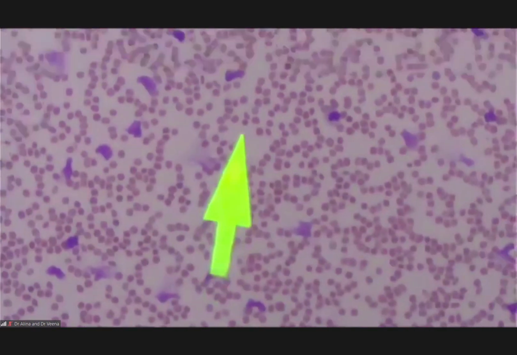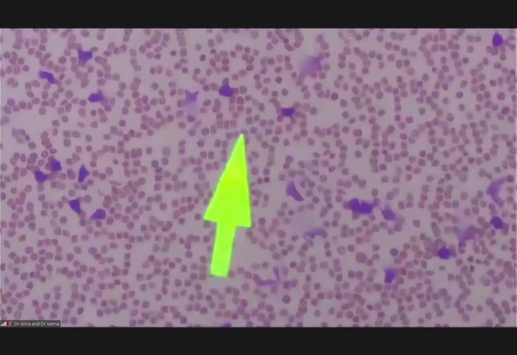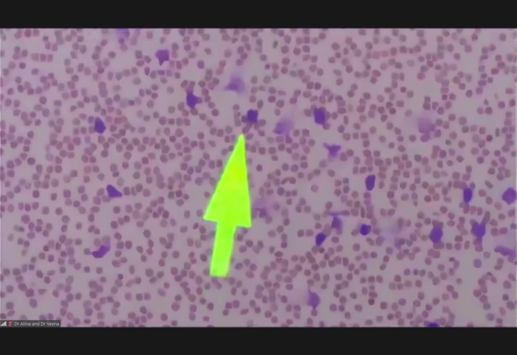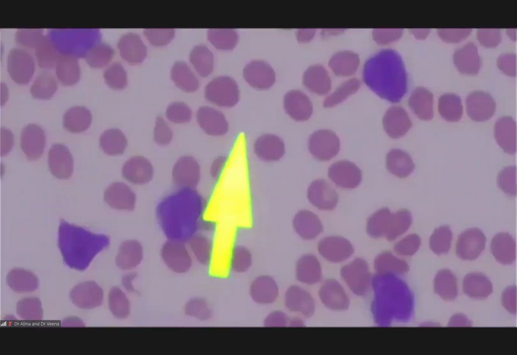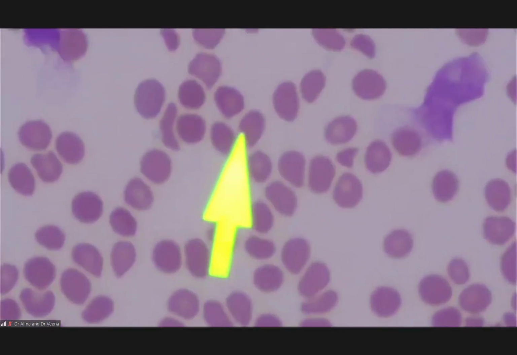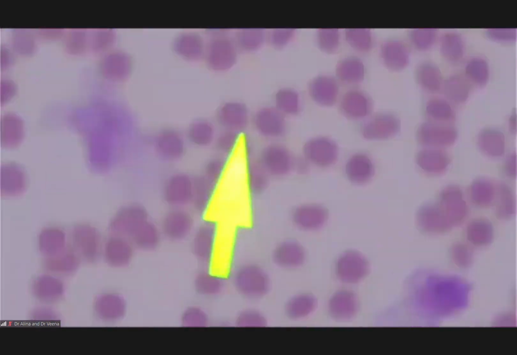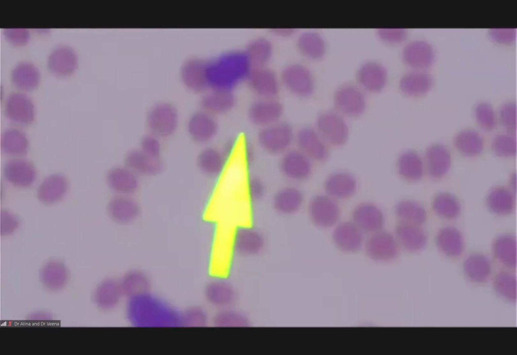I have to look for it now. Yeah, this would be quite tricky, to look for the rods. But if you had time to look, there were some with rods, which would give you the diagnosis of an acute myeloid leukemia, right?